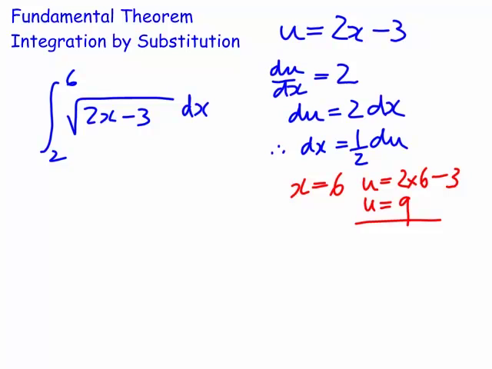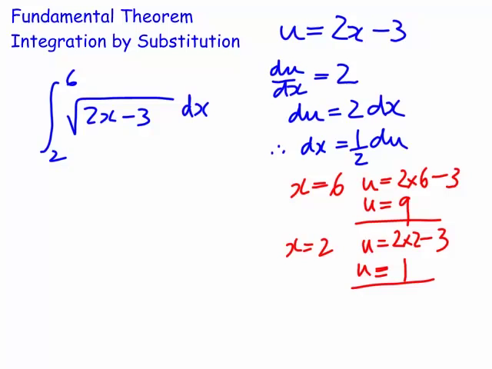Let's try x equal to 2. u is 2 times 2 minus 3, which is just 1. So our x bound of 2 is now a u bound of 1 under this new transformation.